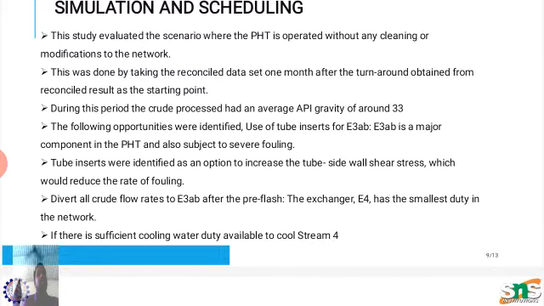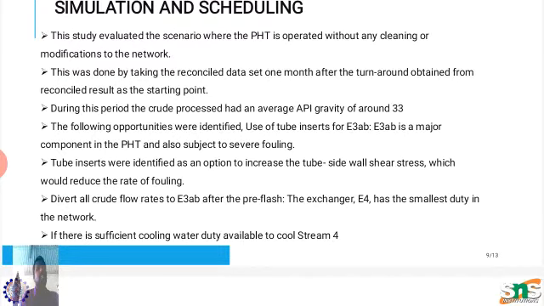During this period, the crude processed had an average API gravity of around 33 API. The thermophysical properties of the streams are detailed in the table. Operation was predicted for a period of 31 months.